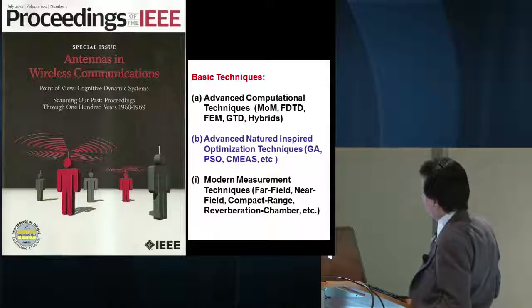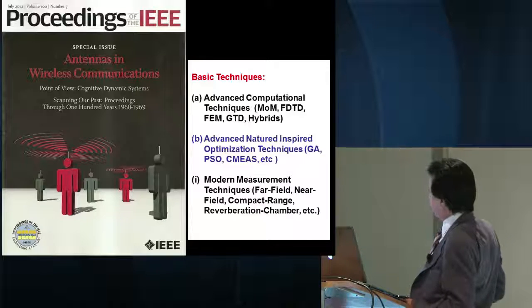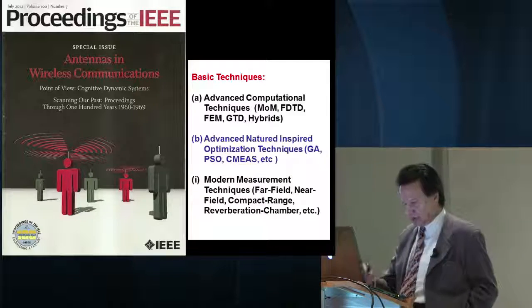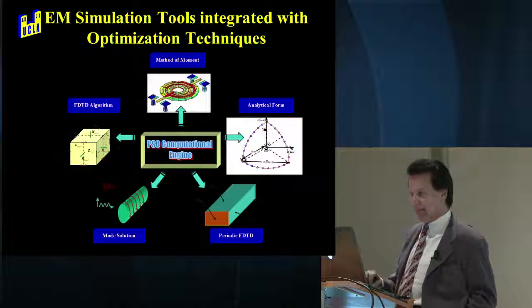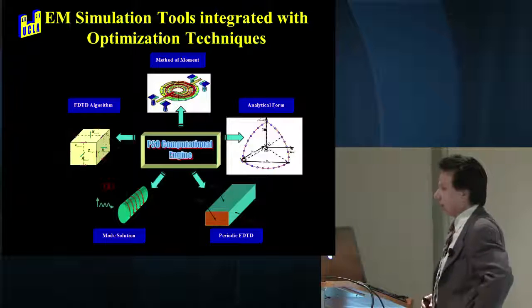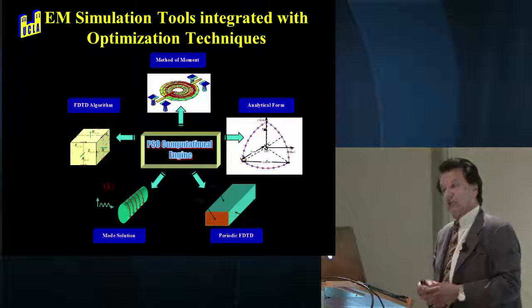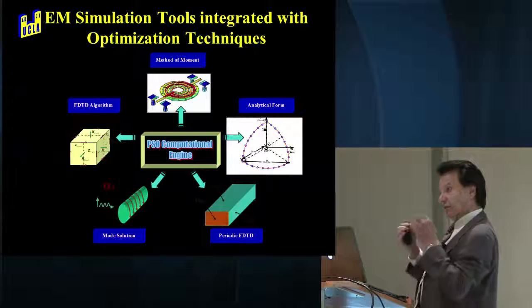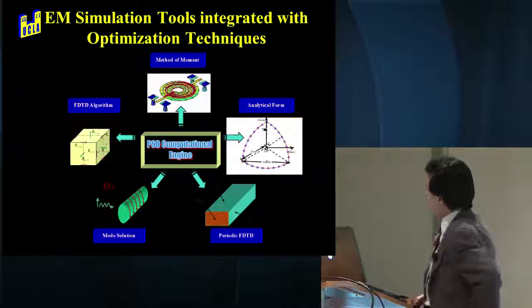So if you again go back to this proceeding of IEEE, which was in July of this year, 2012, they talk about advanced computational techniques, advanced nature-inspired optimization, and modern measurement. So I'm going just to relate to that. In our capabilities, as many others, we have actually combined very advanced electromagnetic simulation tools with state-of-the-art optimization.